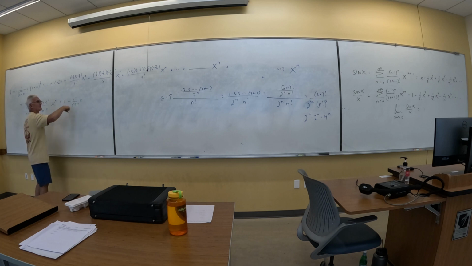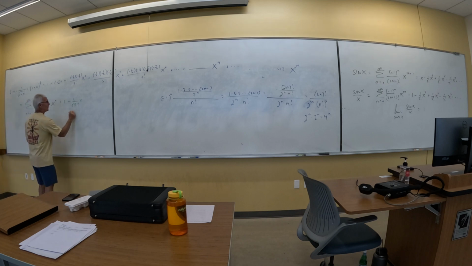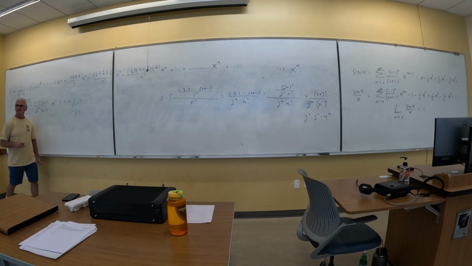I'm pretty sure 2 factorial over 2 squared is 1/2. Mm-hmm. 2 over 4. Yeah. So this is right now minus a half x so far?